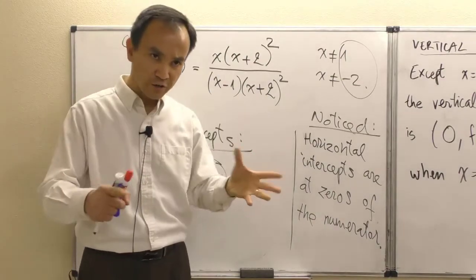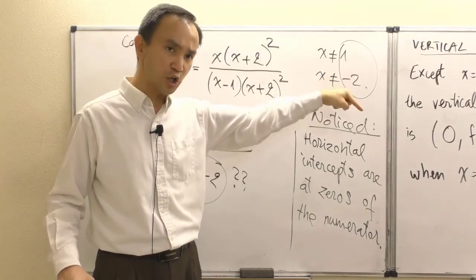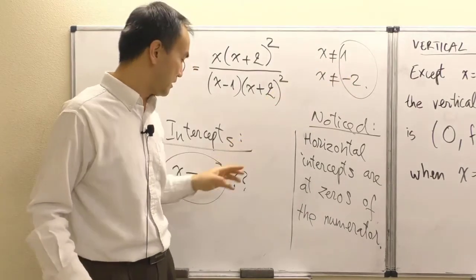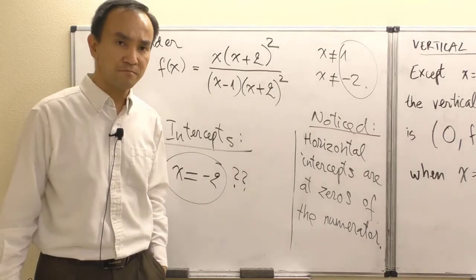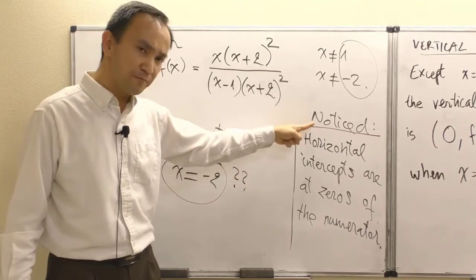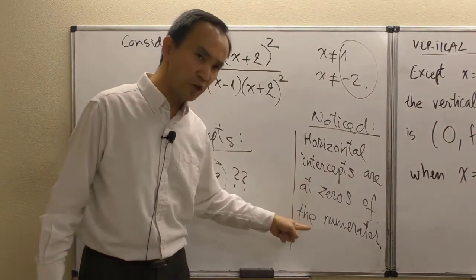More generally, the hole here indicates that x equals negative 2 is also a 0 of the denominator. What we observed earlier was that horizontal intercepts are at the zeros of the numerator.